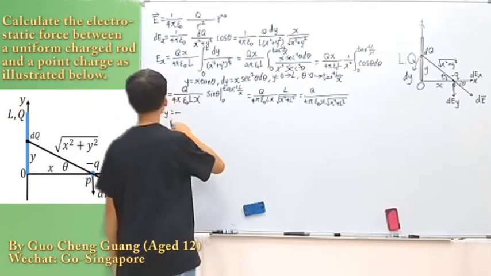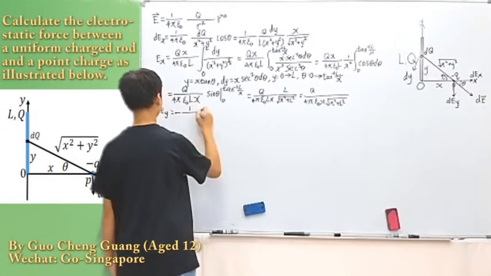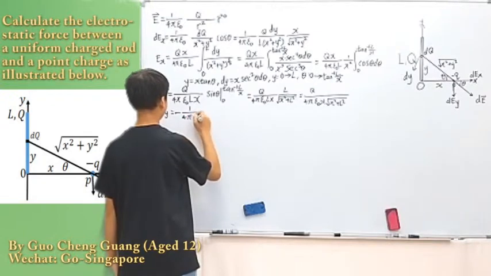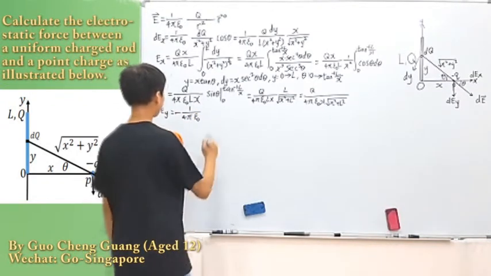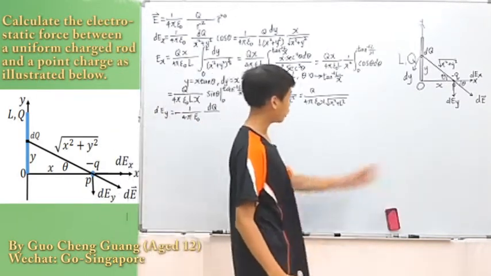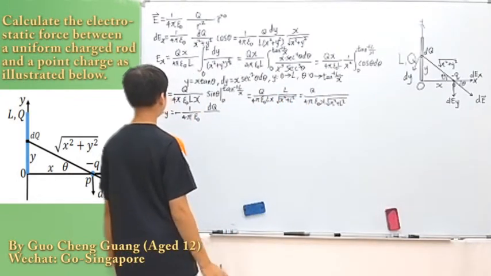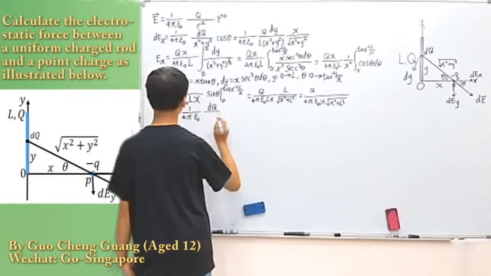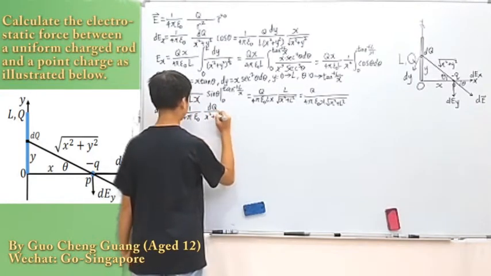Then after this negative, you have 1 over 4 pi epsilon naught, this constant is definitely there, then dq, still the same charge, over x squared plus y squared.